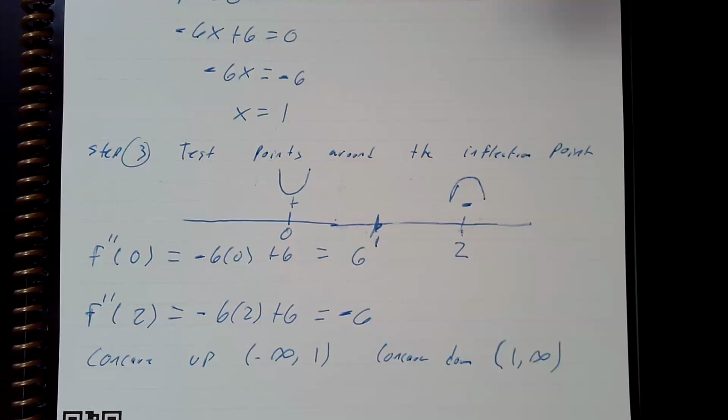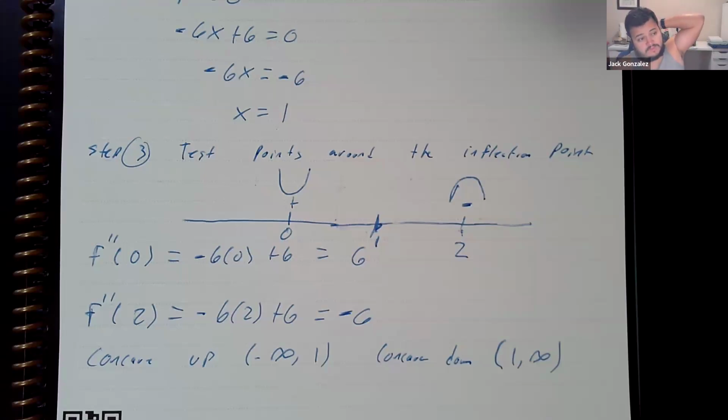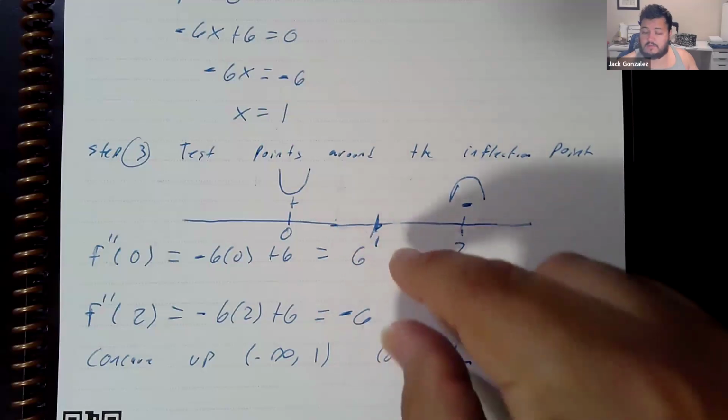So you found the inflection point and then you tested two points either side of the inflection point and determined the concavity. That's when it changes. So if you find out what it is before, then we should know that the whole time before that it's going to be the same. Then after the change, it's going to be that right after. But we verified here.